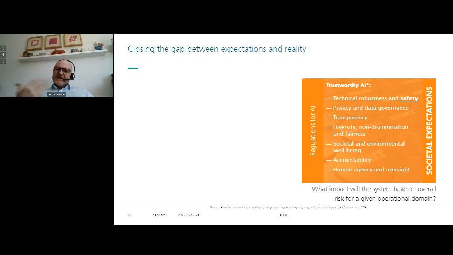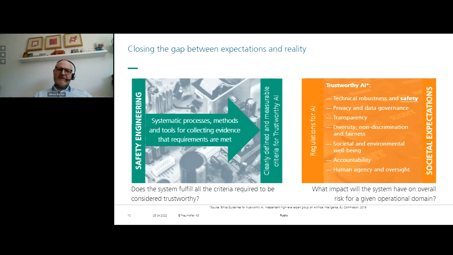So as a safety engineer, we're faced with a challenge here of how do we use our safety engineering techniques in terms of systematic processes, methods, and tools to collect evidence that we can argue that these maybe slightly fuzzy criteria regarding trustworthy AI are really fulfilled. So to do that, we need somehow some sort of translation.